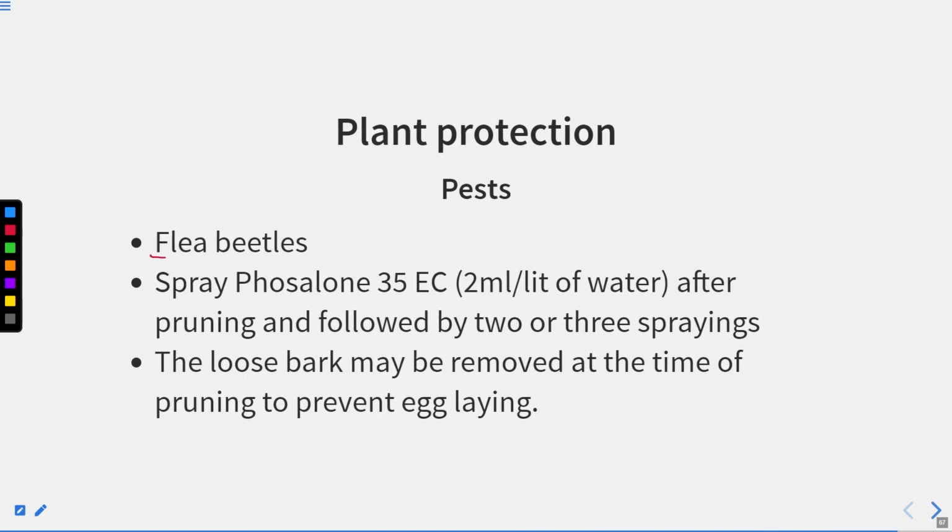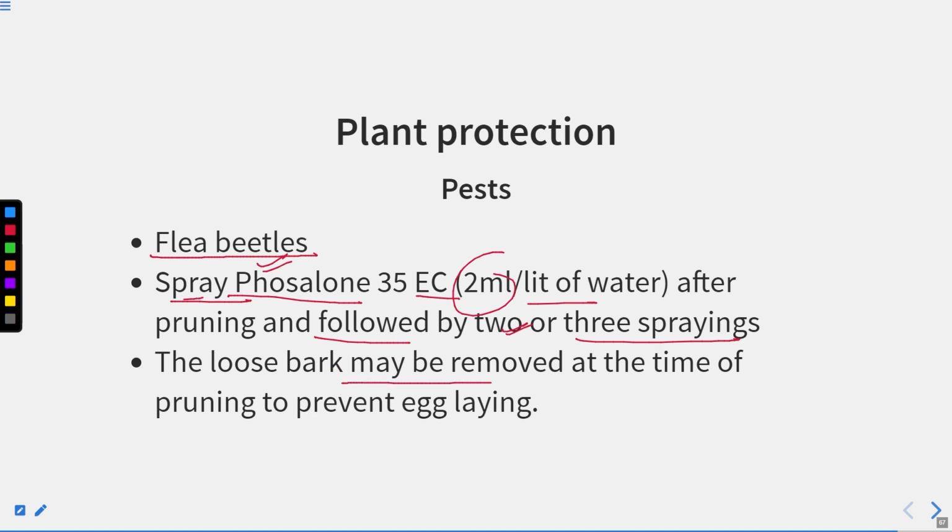Flea beetles. Another type of pest is the flea beetle. Spray phosalone 35 EC, 2 ml per liter of water, after pruning, followed by 2 or 3 sprayings. So this particular chemical can be sprayed after the pruning is done.